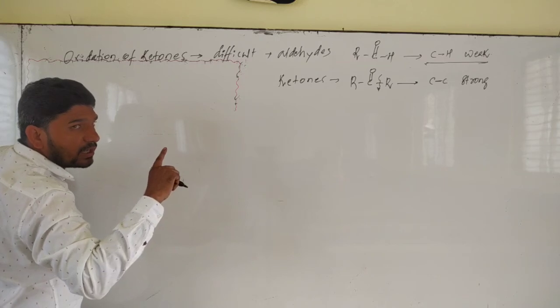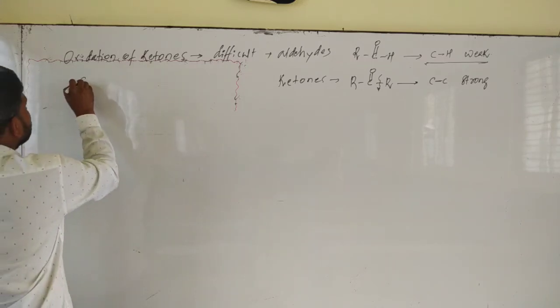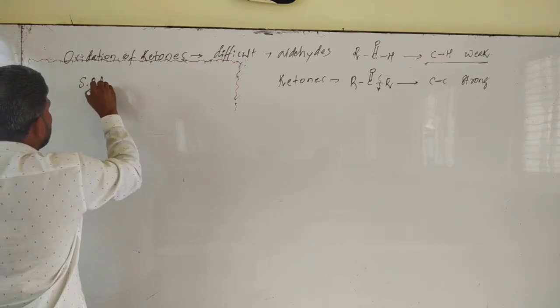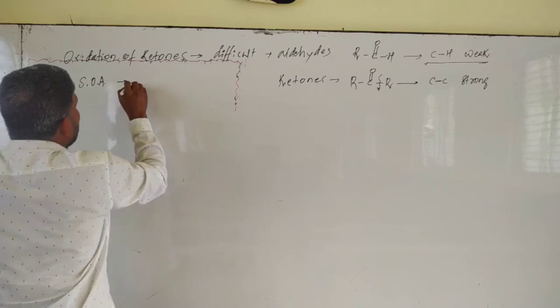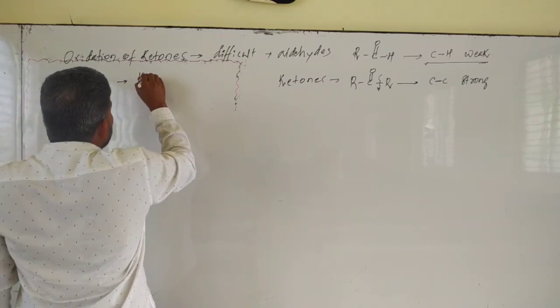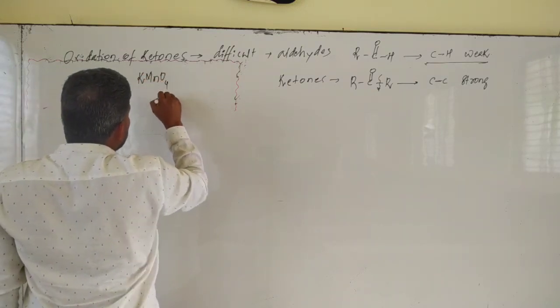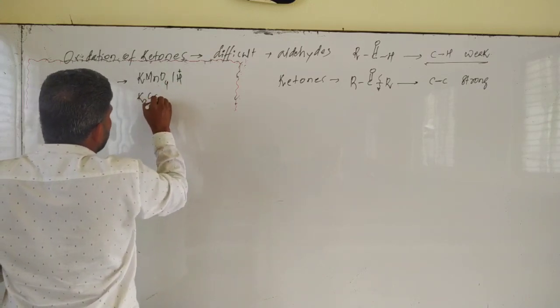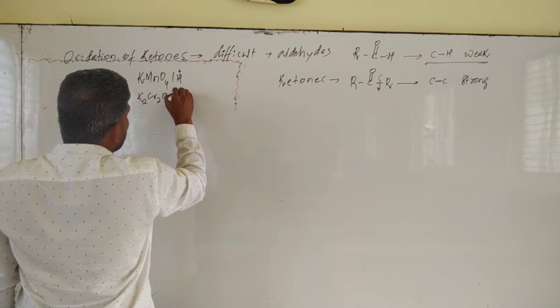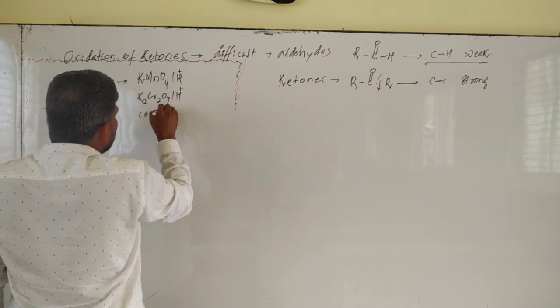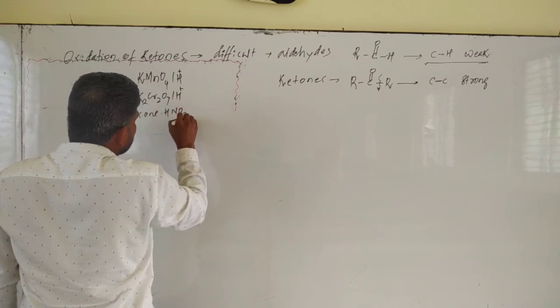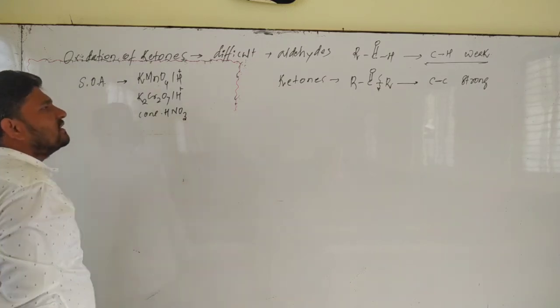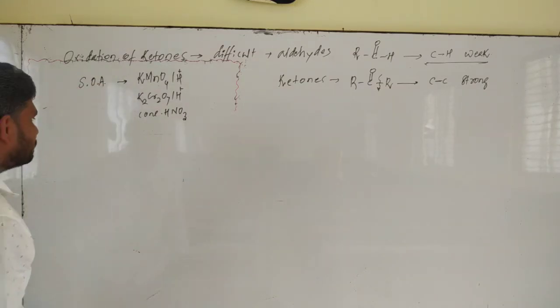Strong oxidizing agents like acidified potassium permanganate, acidified potassium dichromate, concentrated nitric acid. These act as strong oxidizing agents.